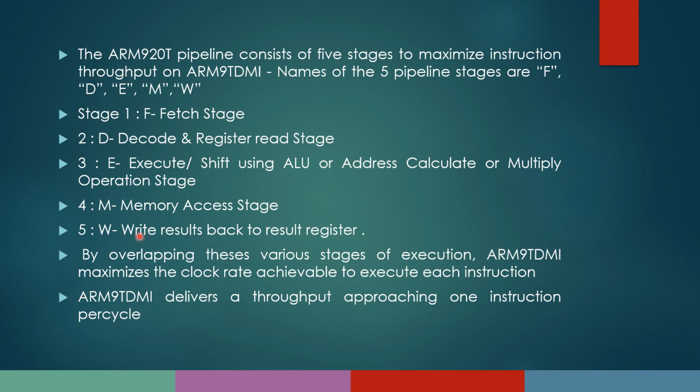So remember these 5 stages, and always keep in mind that ARM9 TDMI has high throughput because of this 5-stage pipeline, and by overlapping these stages we are capable of providing high speed. We are getting a high achievable clock rate for the ARM processors.